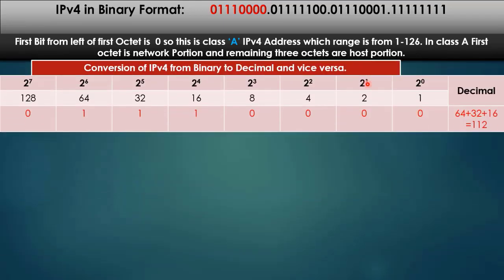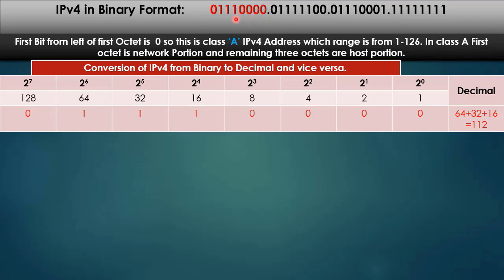Now we will understand the conversion of IPv4 from binary to decimal and vice versa. As we know, IPv4 uses 4 octets and one octet contains 8 bits.